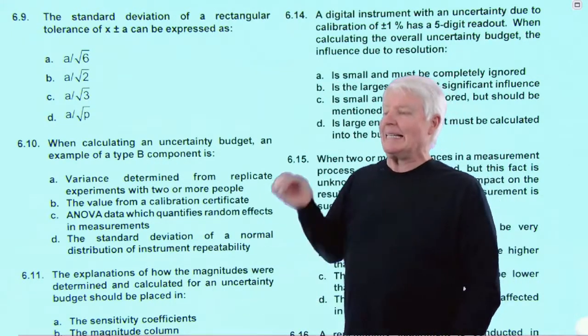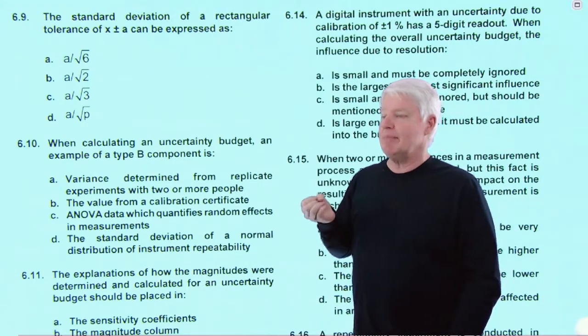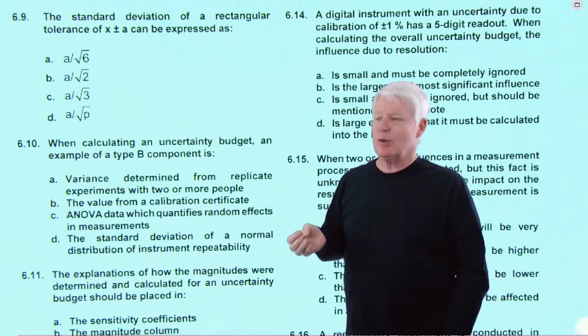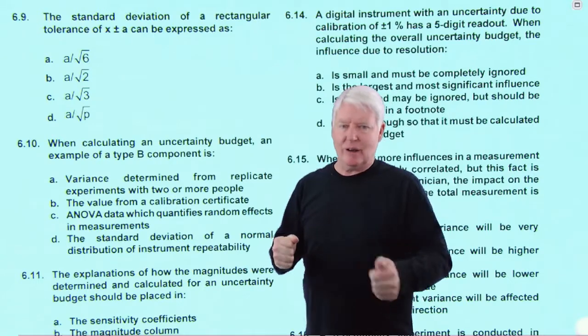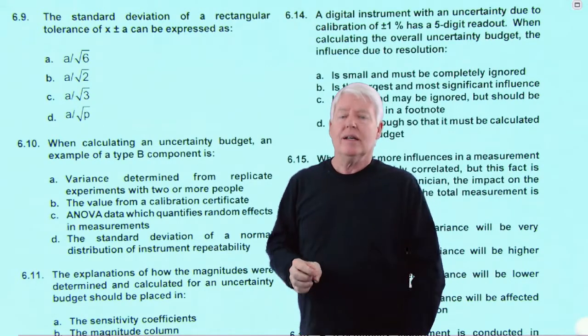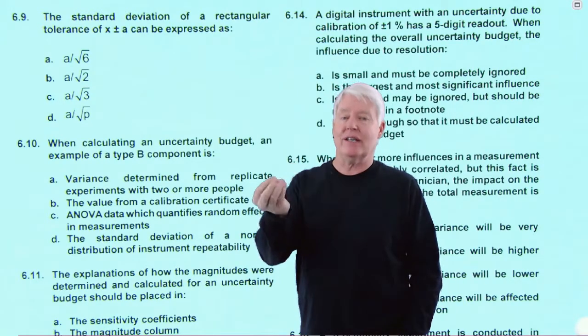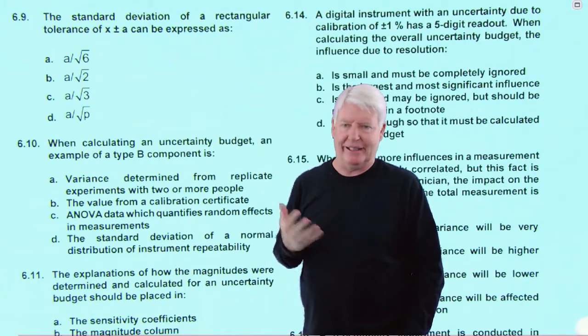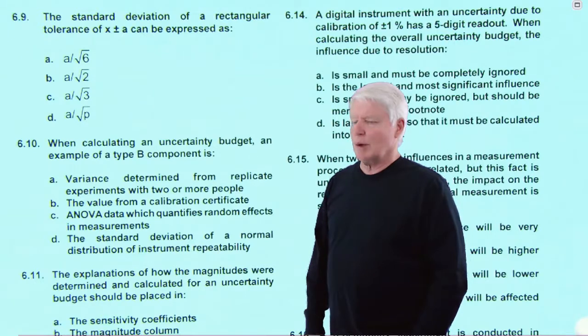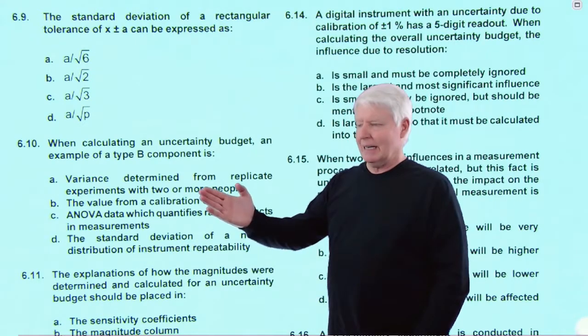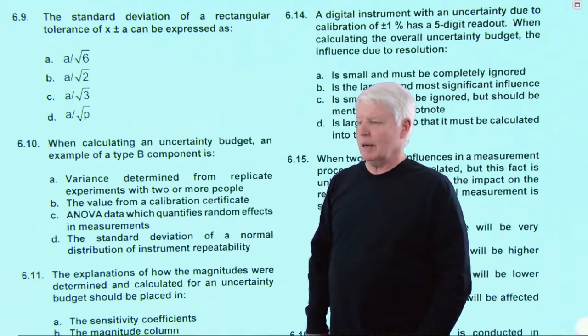When calculating an uncertainty budget, an example of a type B component is what? Well, remember, type A, you're running an experiment, you collect data, you do a lot of analysis, etc. Type B calculation, you just get a number and divide it by the square root of something. So, variance determined from replicate experiments with 2 or more people? No, that is type A. The value from a calibrated certificate?